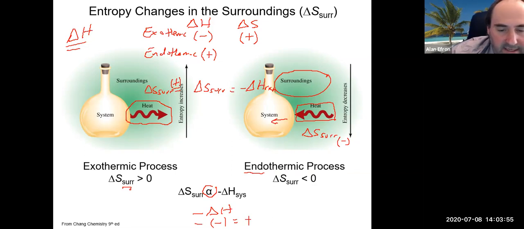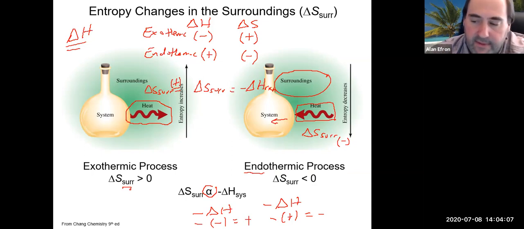So if I put this in here, minus delta H, a negative and a positive gives me a negative value for our delta S. So whether or not the reaction is exothermic or endothermic has an effect on the actual surroundings entropy. Any questions on that relationship there?